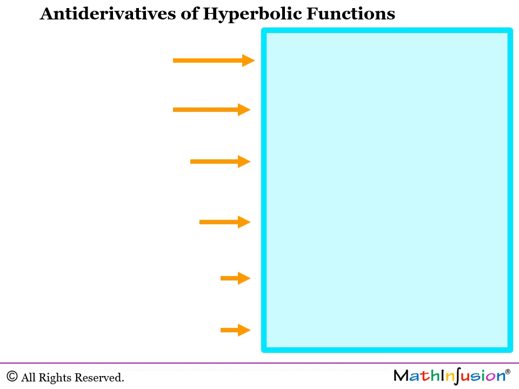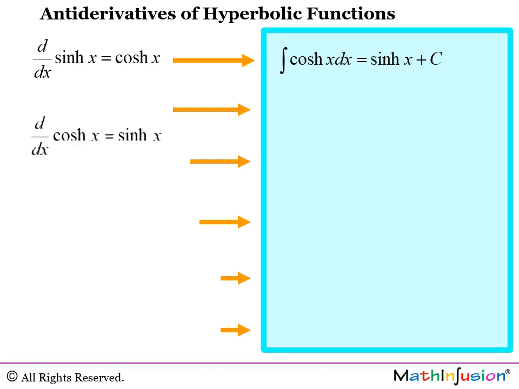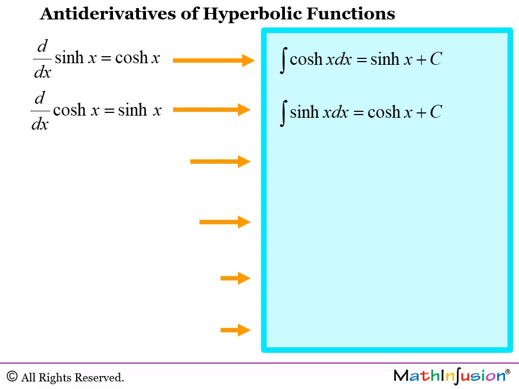Now let's see some antiderivatives of hyperbolic functions. From here we easily get that the integral of cosine hyperbolic x dx is sine hyperbolic x plus c. From here, the integral of sine hyperbolic x dx equals cosine hyperbolic x plus c.